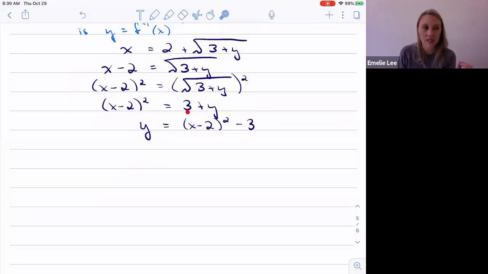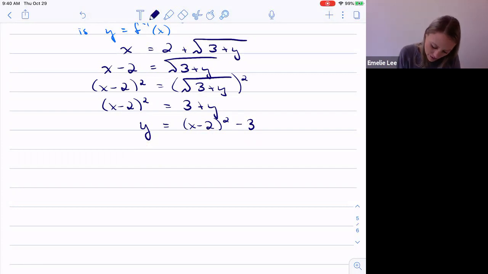All I've done is subtract 3 from both sides, so I've moved it over to the left-hand side, and then I swung it around to get y equals (x minus 2) squared minus 3. Only because I like to have the y on the left-hand side.